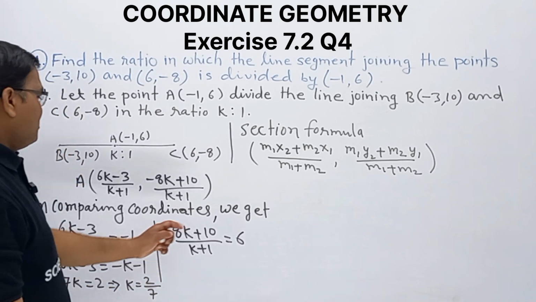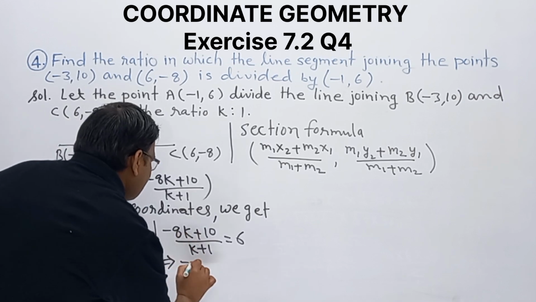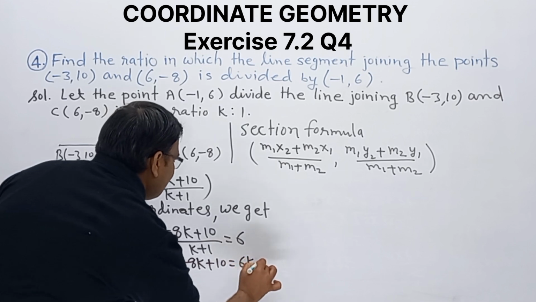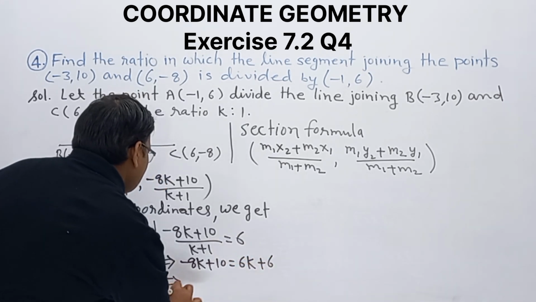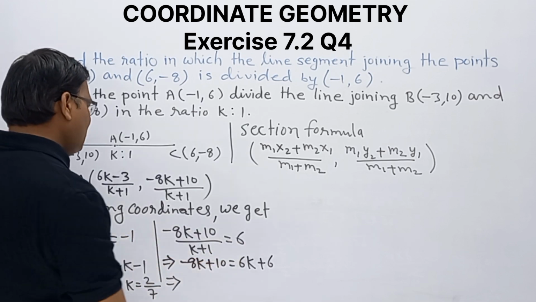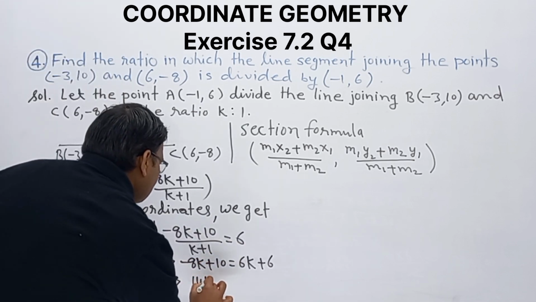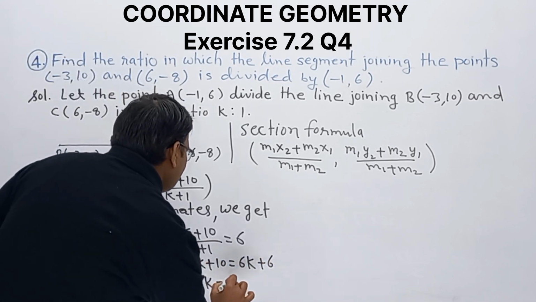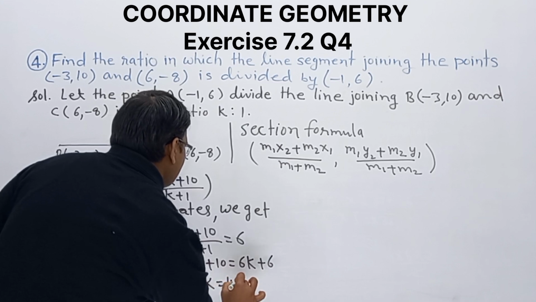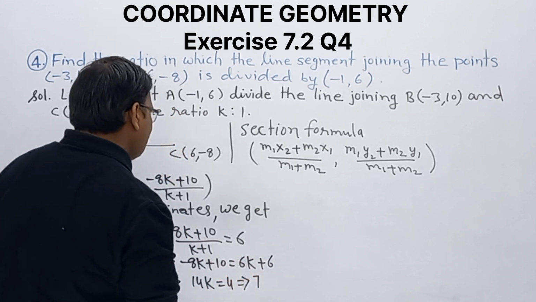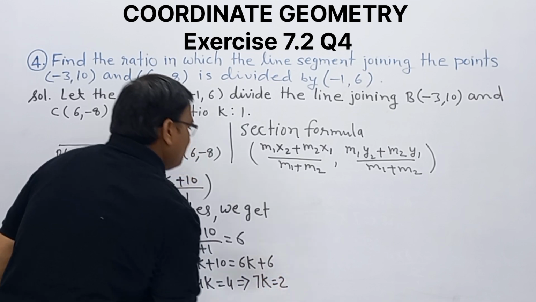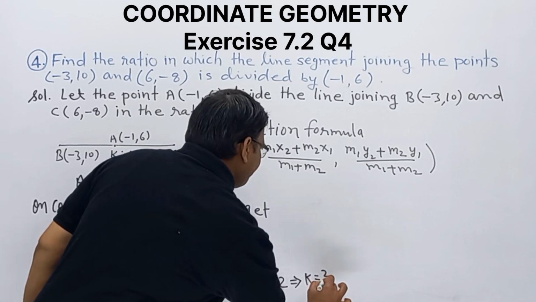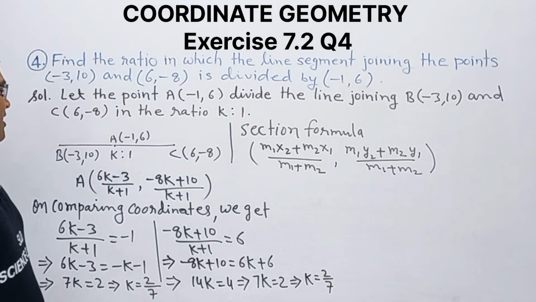For the other one, -8k + 10 = 6k + 6. Transposing, we get 14k = 4. Finally, this can be written as 7k = 2, which implies k equals 2 upon 7. We obtain the value of k.